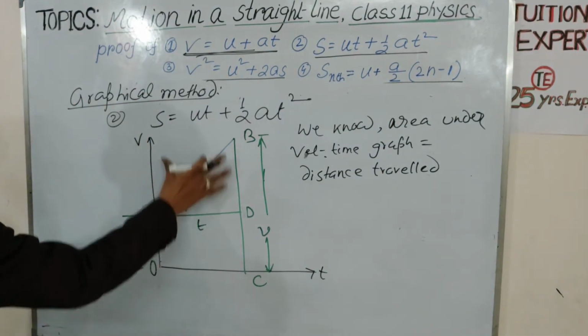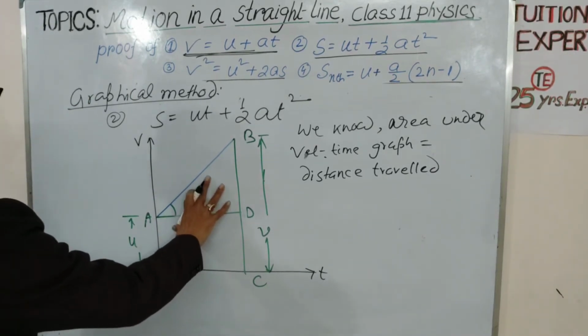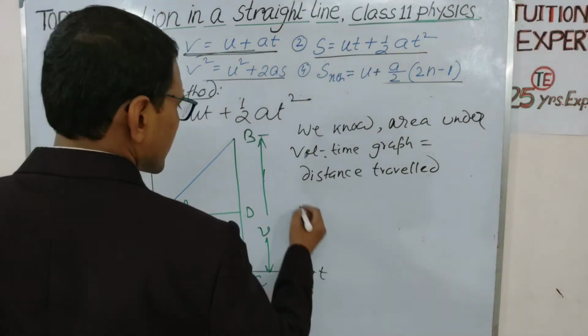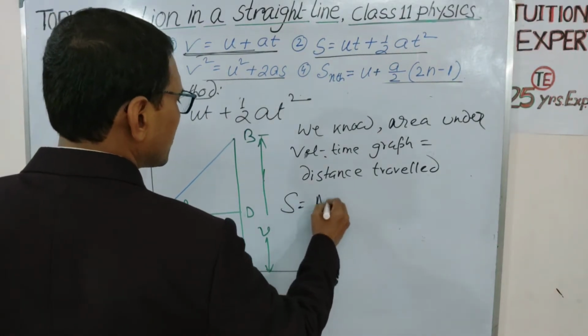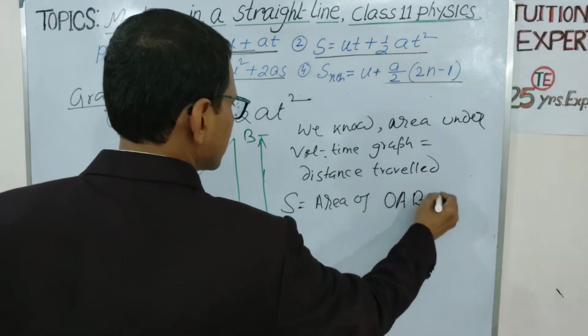So if we calculate the area of this, then we can calculate the distance traveled. So S equals the area of OABC.